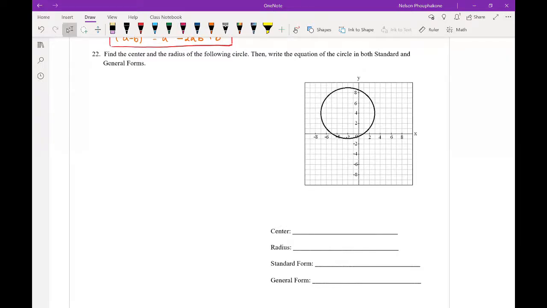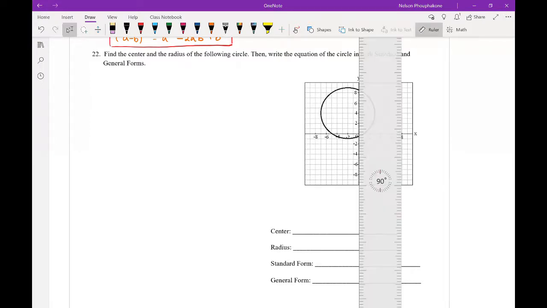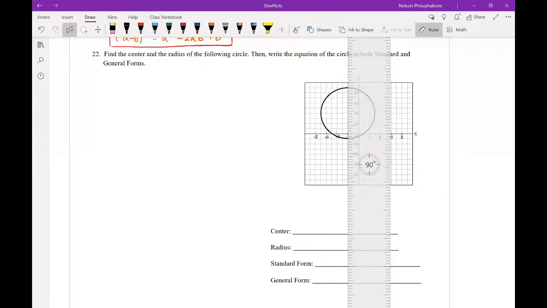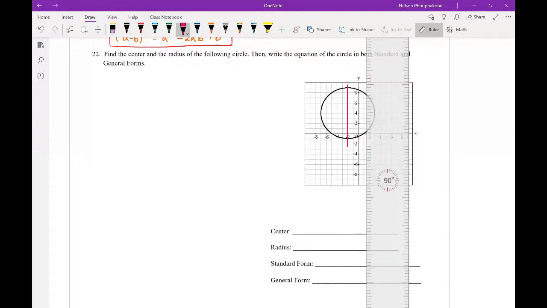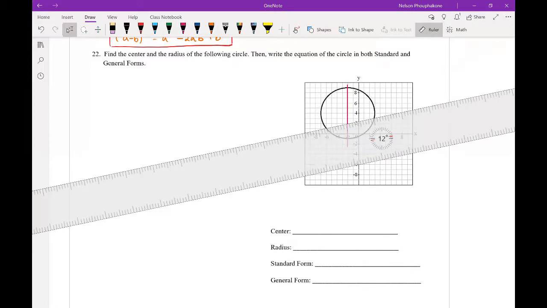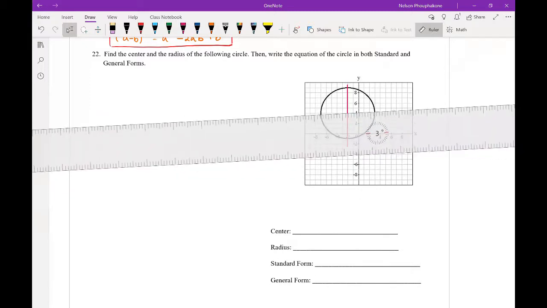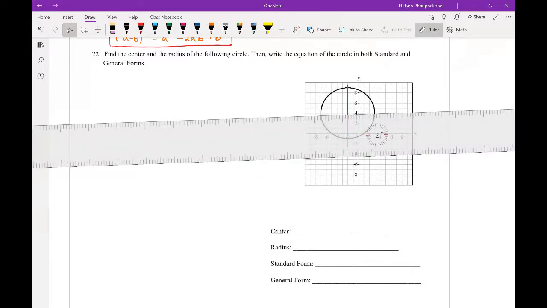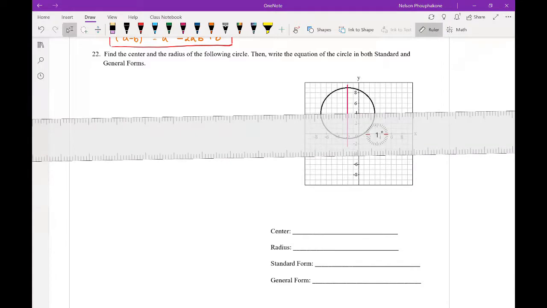Okay. So how do we find the center of a circle? Of course, what we could do here is actually draw two lines. Basically, these two lines right here are the diameter of the circle.